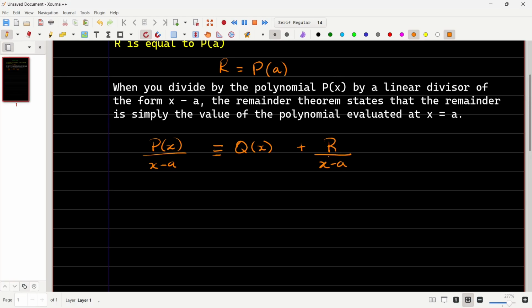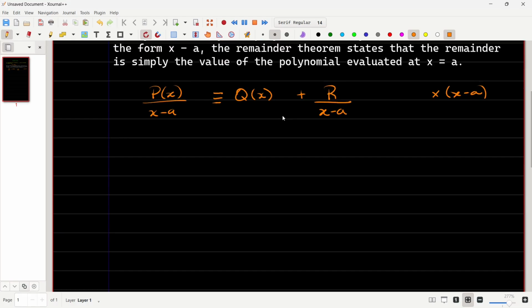Now, if I multiply throughout by x minus a, I can see right away that p of x is equivalent to x minus a into q of x plus the remainder.